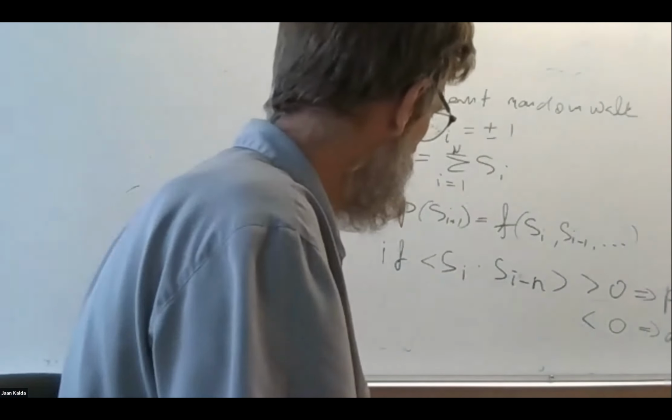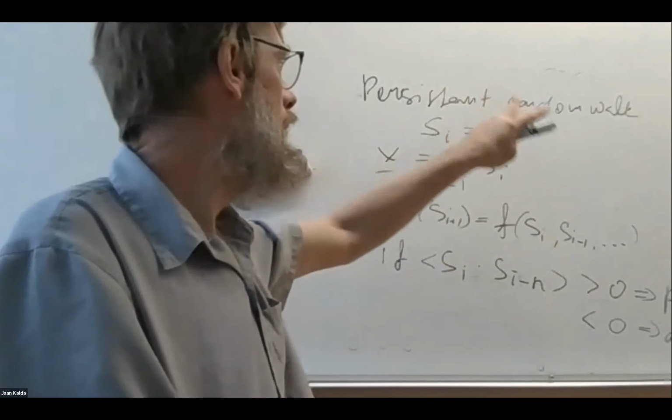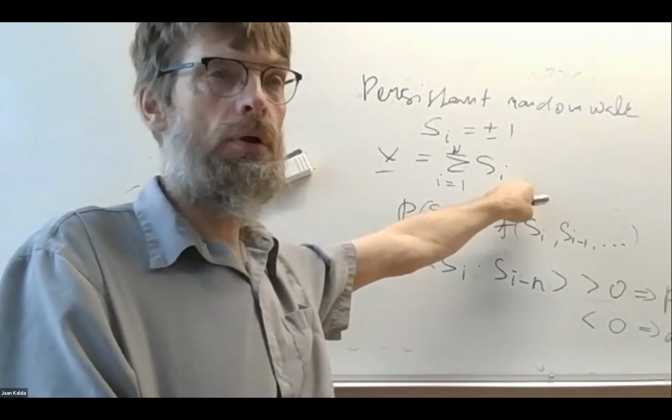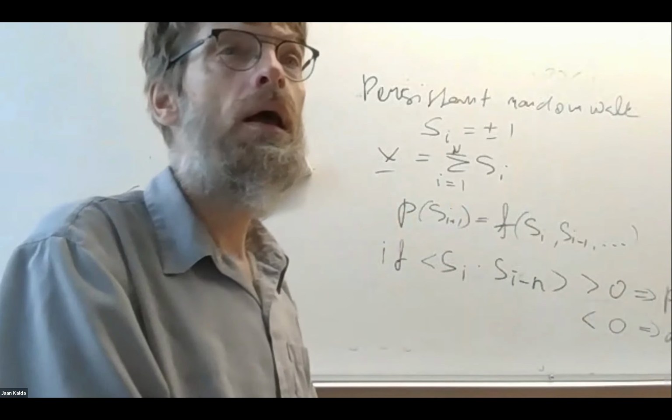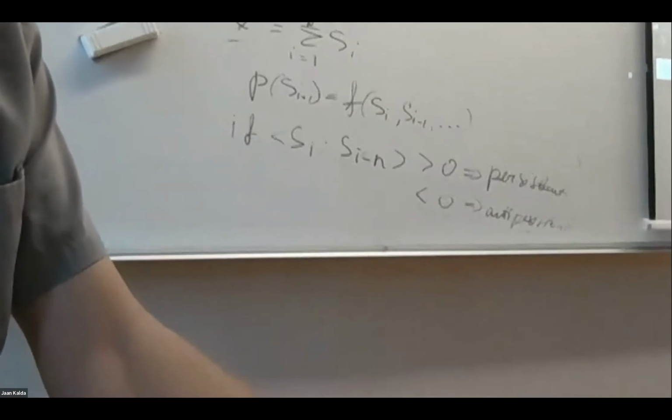And now, if this thing here is a power law of n, then you can have a so-called fractional Brownian motion.